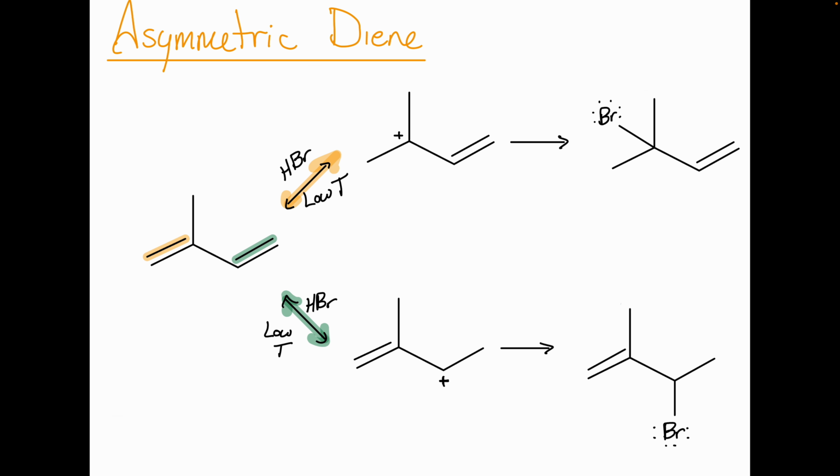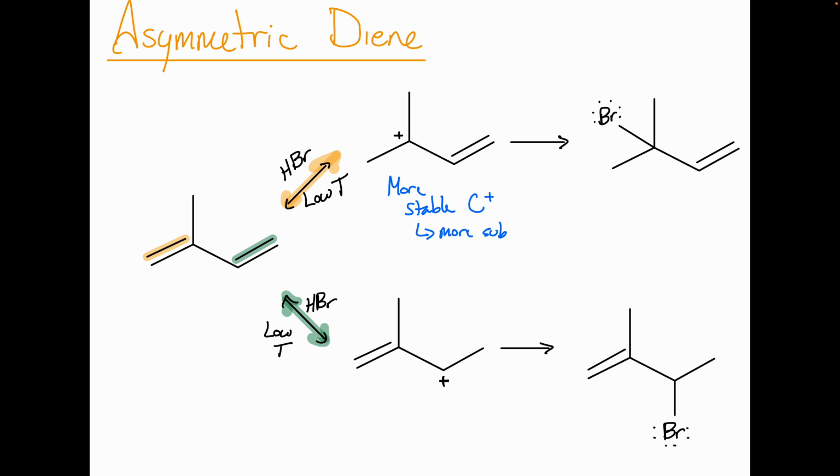All right, and so now there's going to be a difference between my carbocations. Both of them are allylic, so they're both great from that perspective. But one of these is even more stable than the other one because of that degree of substitution of my carbocation. All right, so this one here is my more stable carbocation because it's more substituted.